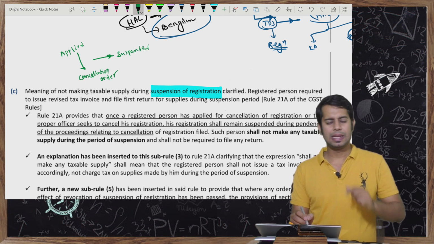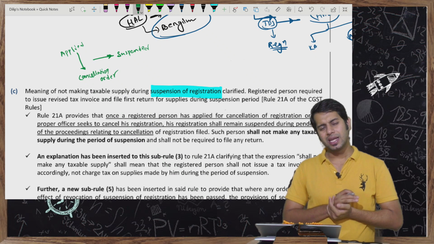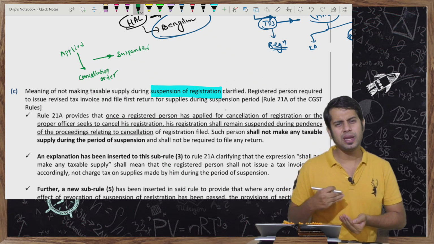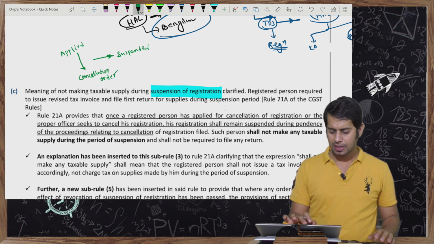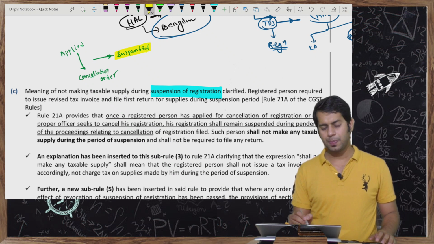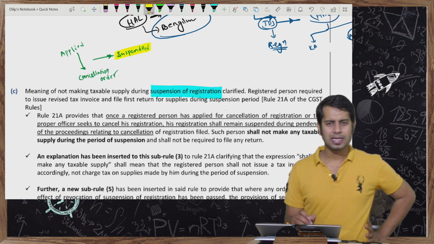Your registration is deemed to have been suspended. And it also told that for this suspended period, you are not allowed to make any taxable supply.